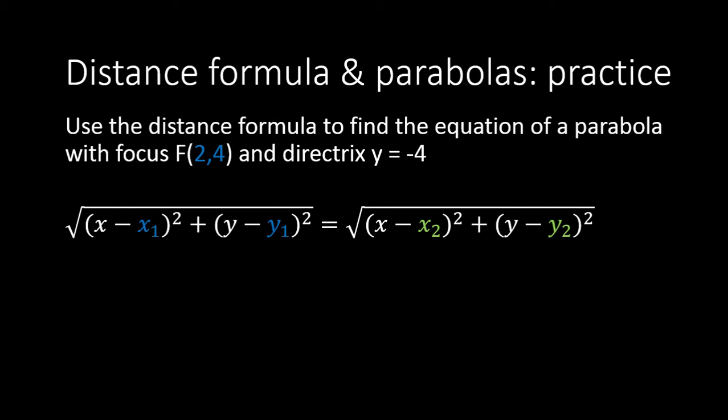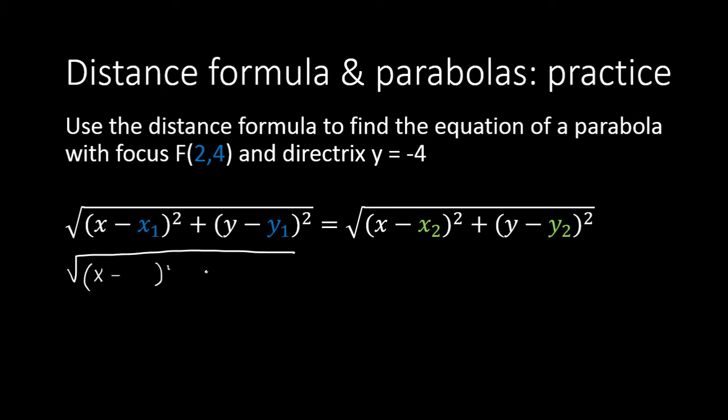So we're going to use the distance formula to find the equation of a parabola with focus (2, 4) and directrix y equals -4. So this is a little bit different from the approach we've taken to the distance formula in the past. However, some things will still hold. I still always like to start off by drawing a skeleton of everything.